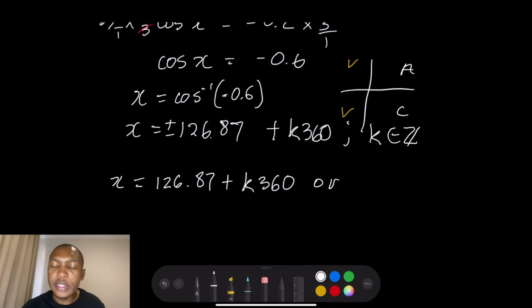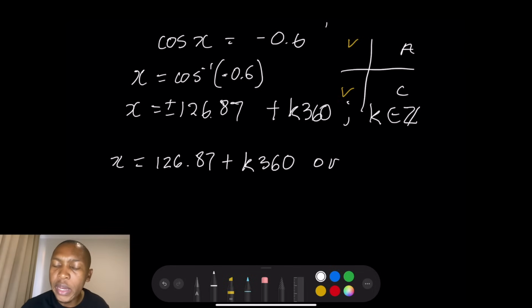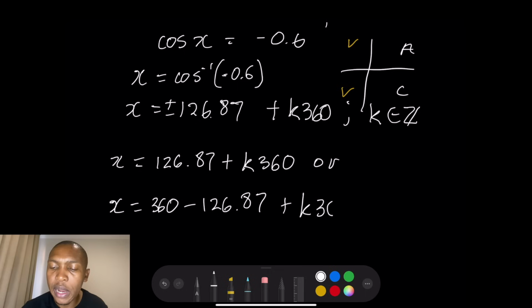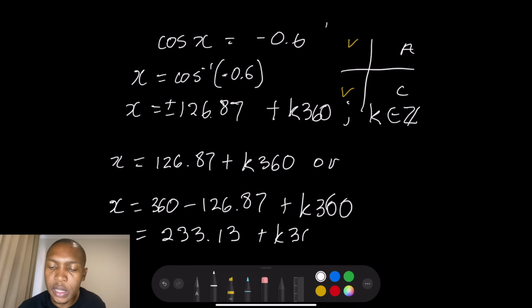The one in the third quadrant, what we can do is just take 360 minus that angle there, which is 126.87, plus k360, and what we get there is 233.13 plus k360.